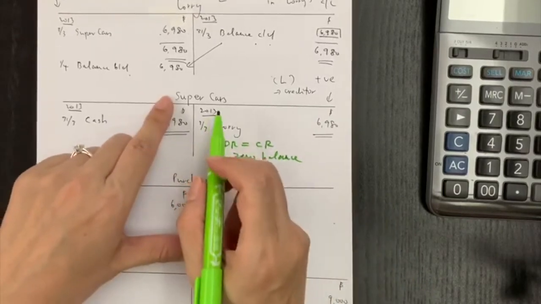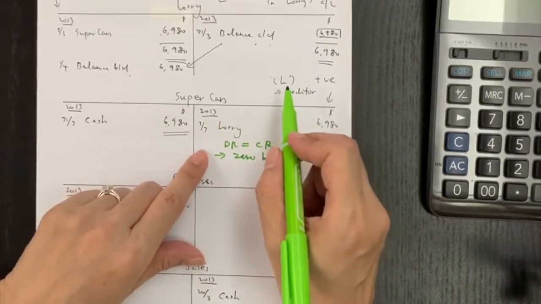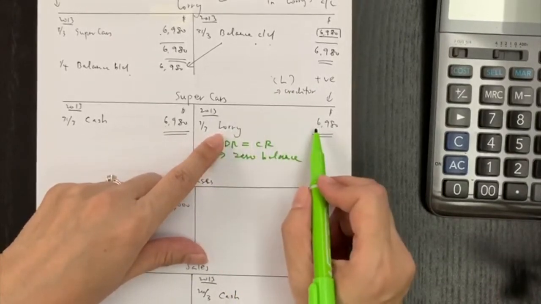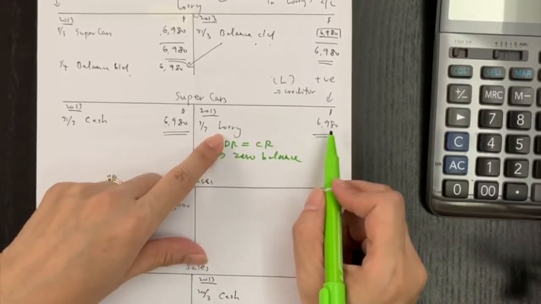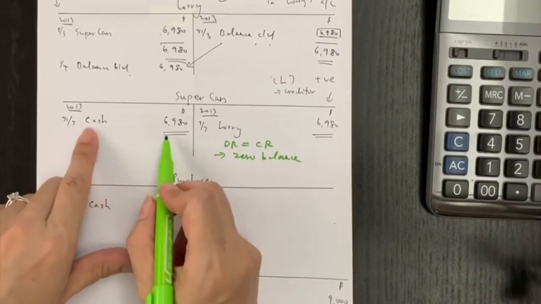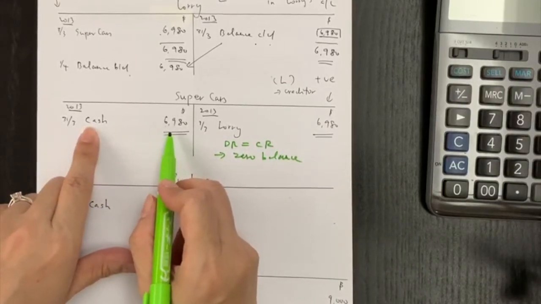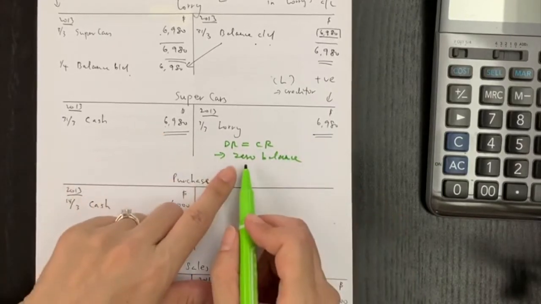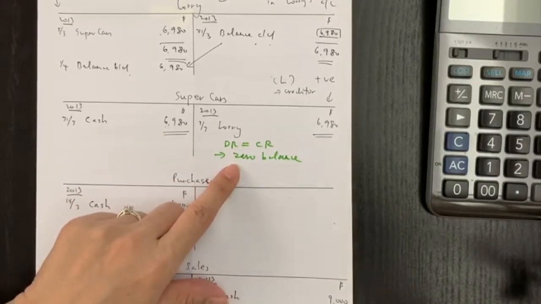So what is supercars? It is our creditor, which is a liability, since we owe supercars 6,980, and later on we pay the same amount to supercars, so that we don't owe anything to supercars anymore. So we call that zero balance.